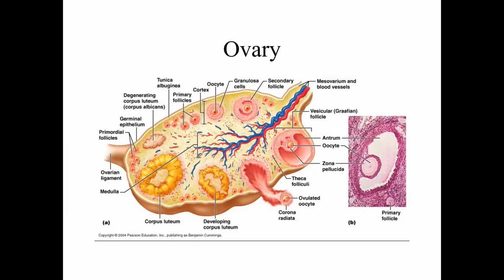She's only going to use about 500 over her reproductive lifetime. The concern has always been that as the female ages, do her eggs age with her? Conventional wisdom has always said a 40-year-old female is going to have 40-year-old eggs. And the concern is, is an old egg going to be viable? Is there going to be things wrong with it? Because these eggs have been around for a long time.